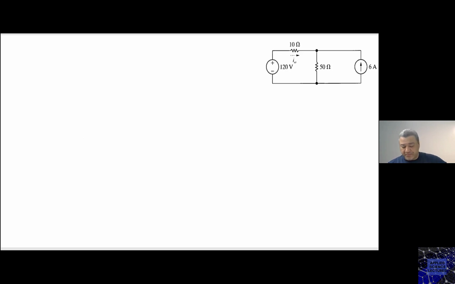In this case, if I look at this circuit, I can see that here I have a current going in this direction by this 6 ampere. This is a current source. And I have a current going in this direction, assuming it's in this direction. I will call this one I1 and I will call this one I2, right?